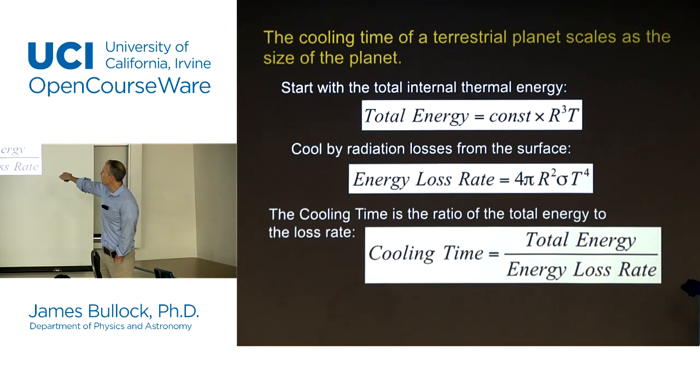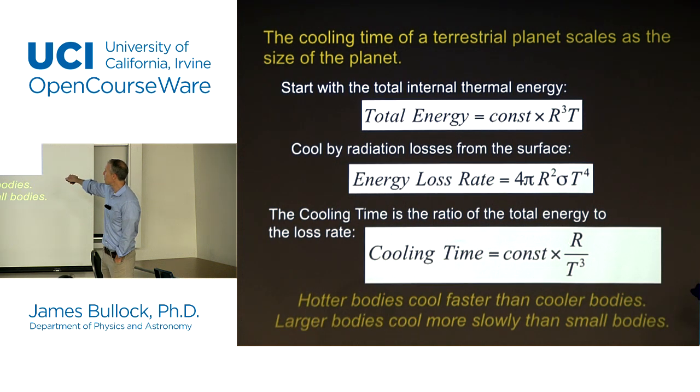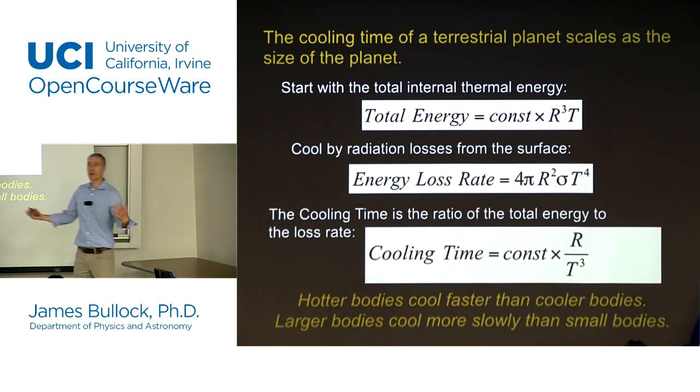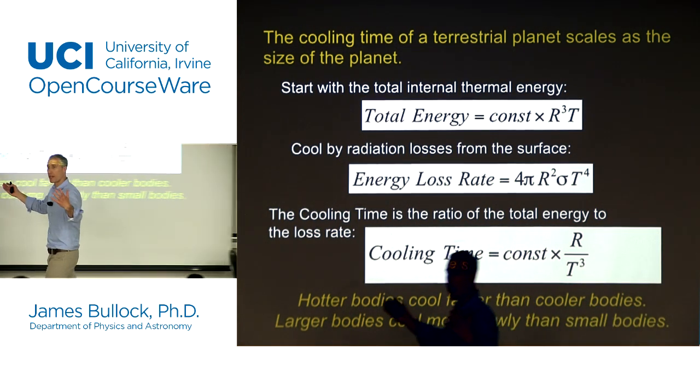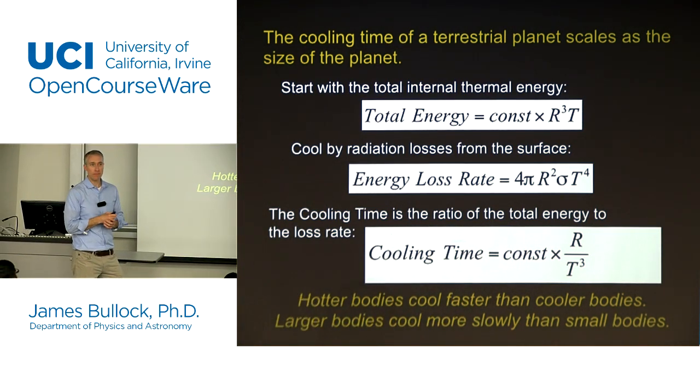Remember, total energy goes like volume, the energy loss rate goes like surface area. If you work this out, it's just the radius of your planet divided by the temperature cubed. So the bigger your planet is, the longer it will take for you to cool off. You roughly scale like your radius. So bigger planets cool off more slowly than little planets.